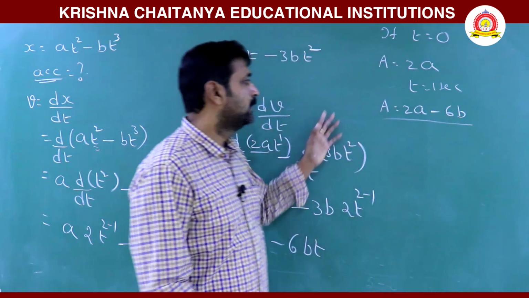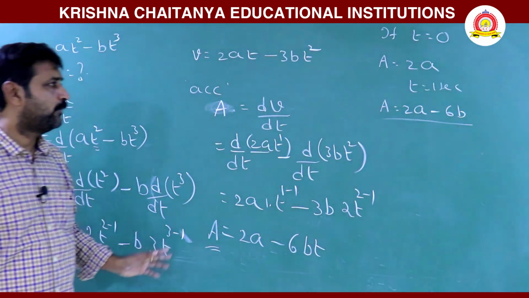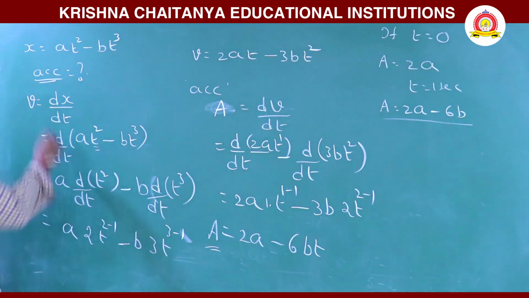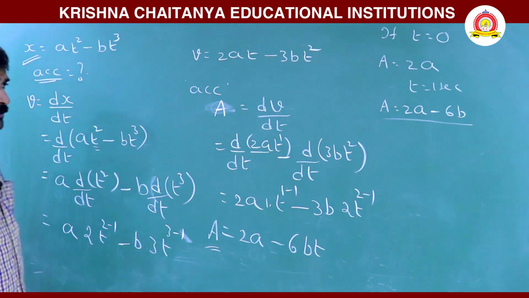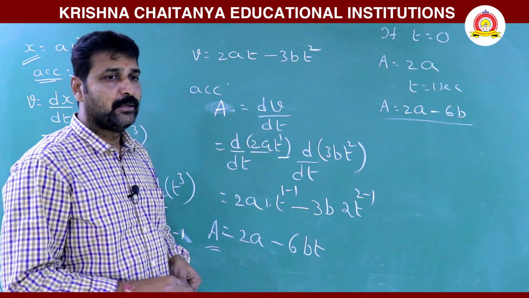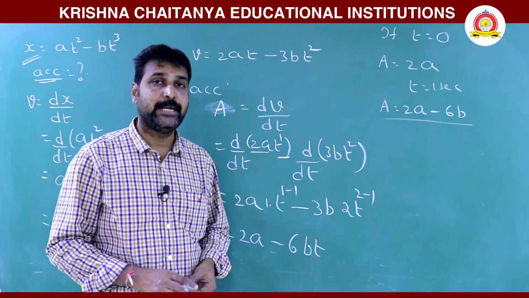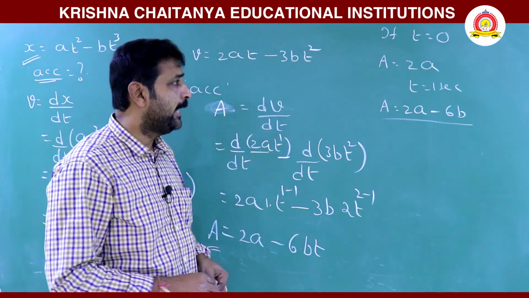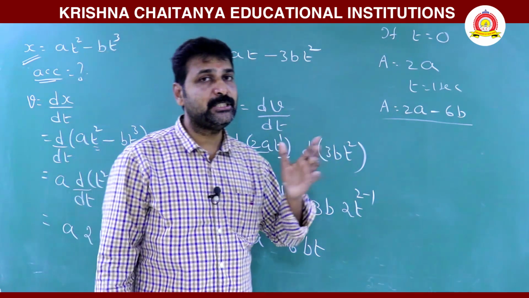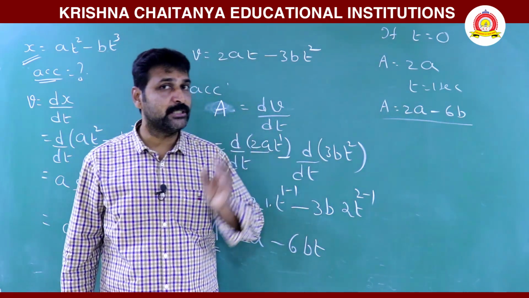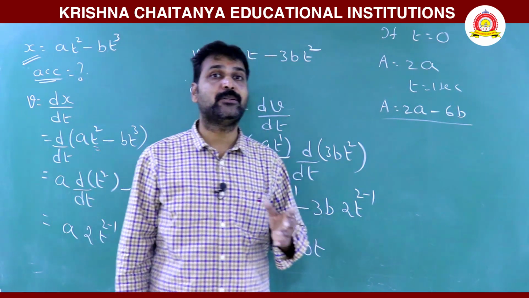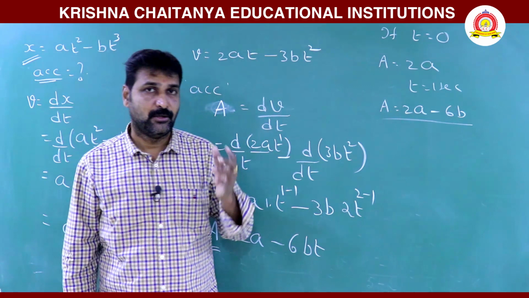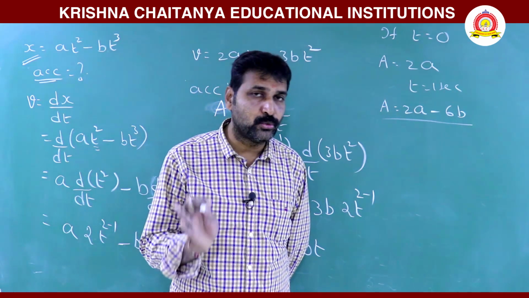Okay? So this is the method to find acceleration from position, where position depends on time. Students, in the next class we will discuss integration methods. When acceleration is constant, we have equations of motion: v is equal to u plus at, s is equal to ut plus half at squared, v squared minus u squared is equal to 2as.